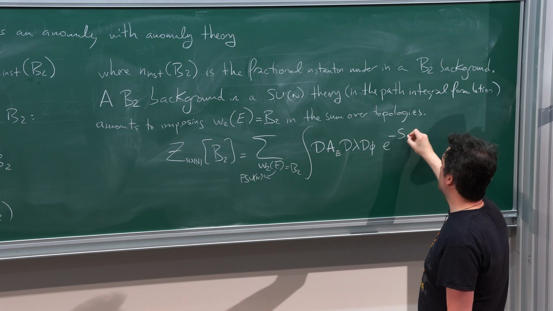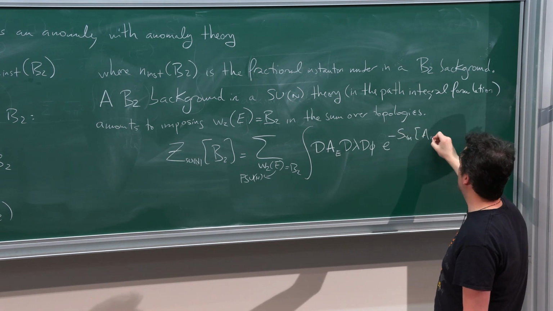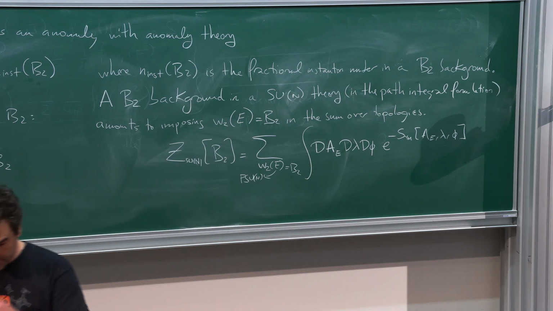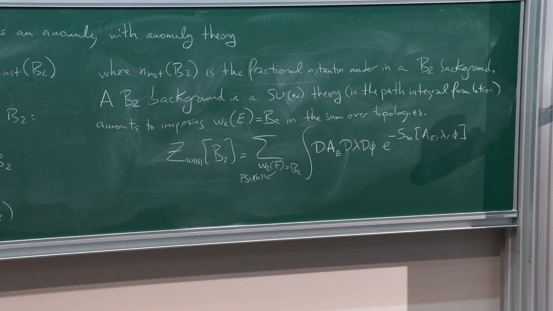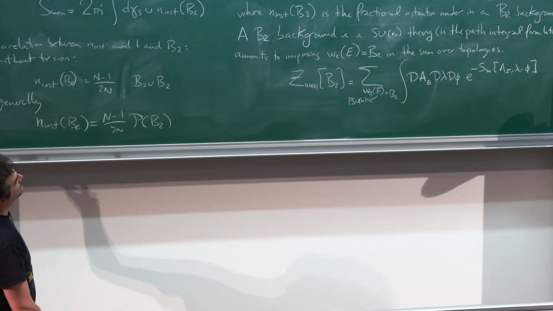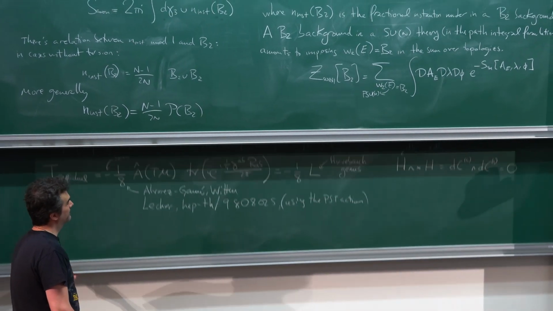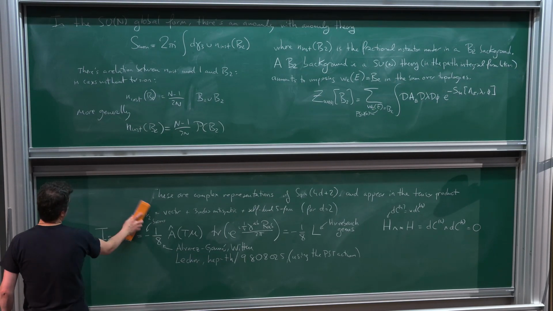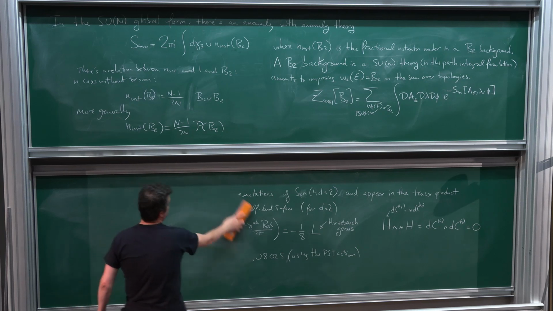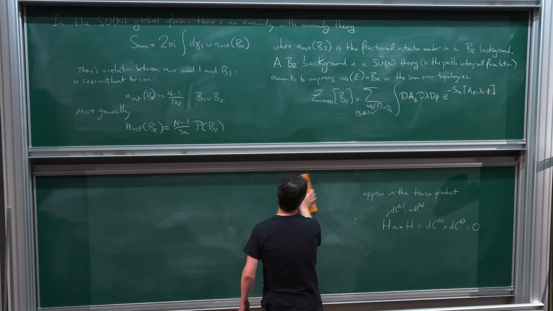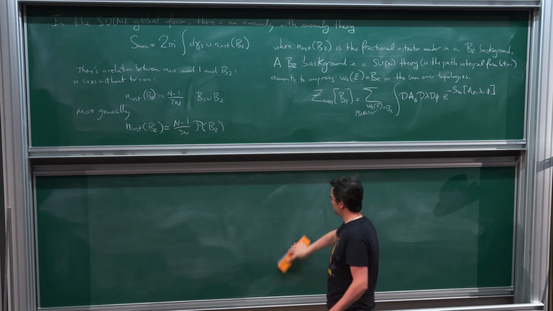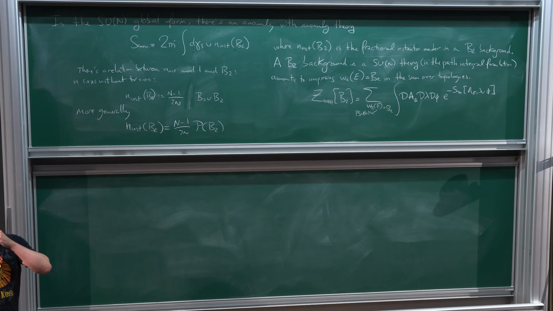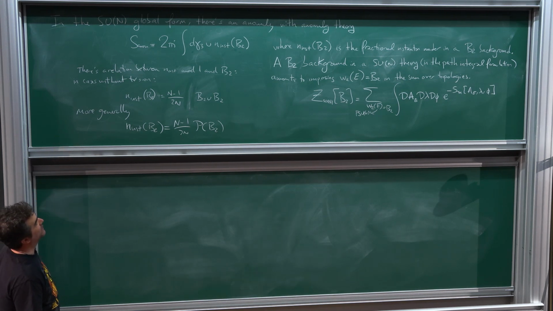And then I have e to the minus S Yang-Mills of these fields A, lambda, phi. Okay, so those are the things I want to reproduce from some string theory construction.